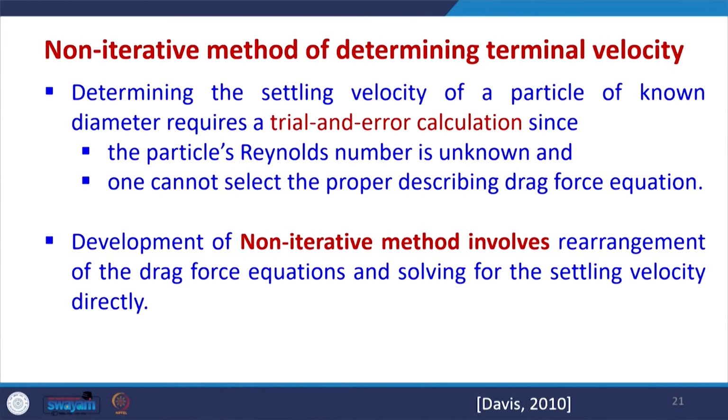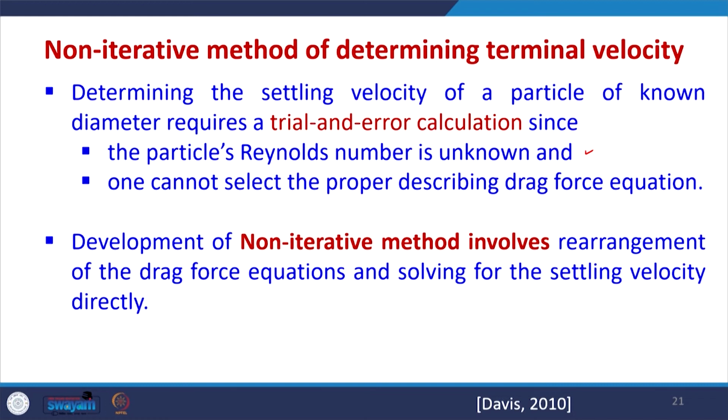So, there is a non-iterative method for determining terminal velocity which is given in few books. So, that also we can refer to. Determining the settling velocity of a particle of known diameter by the previous method requires a lot of trial and error, since the particle Reynolds number is unknown initially and one cannot select the proper equation which can be used for drag force.